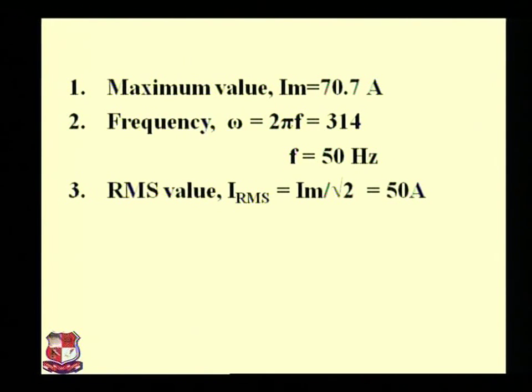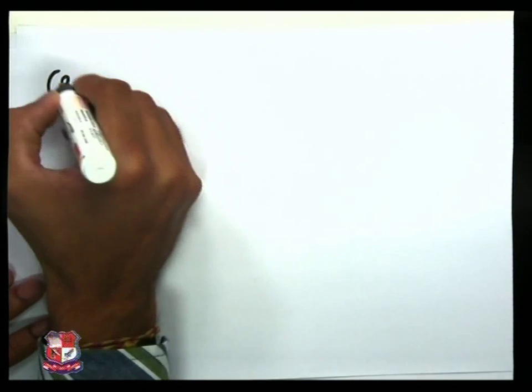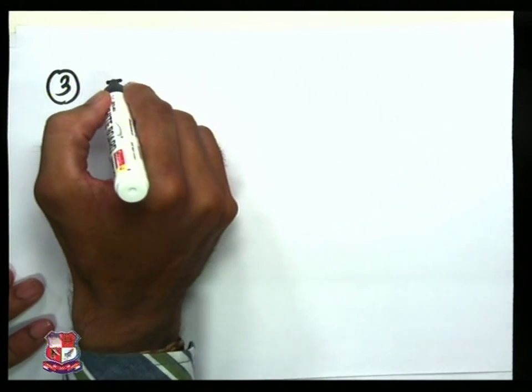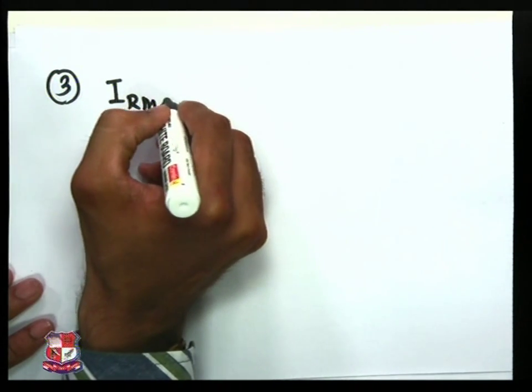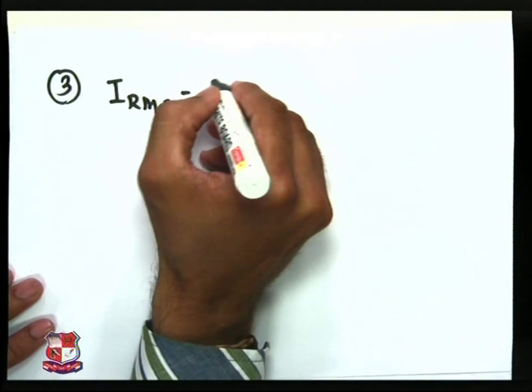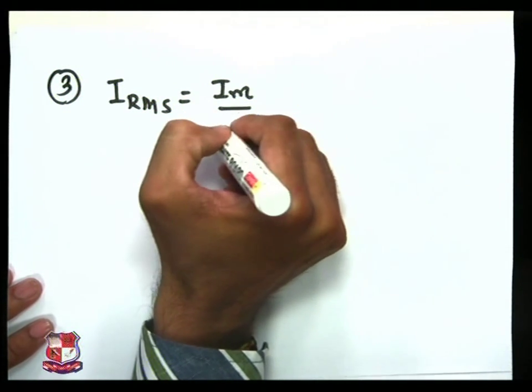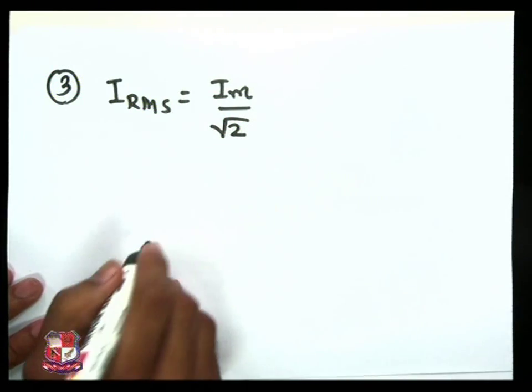Third quantity is RMS value. As in the previous slide we discussed the equation of RMS: I RMS equal to Im upon root 2.